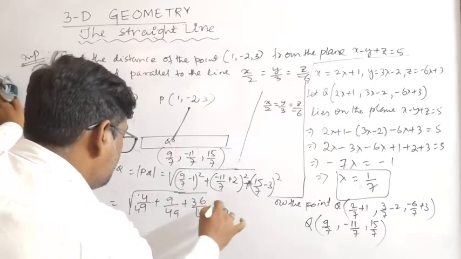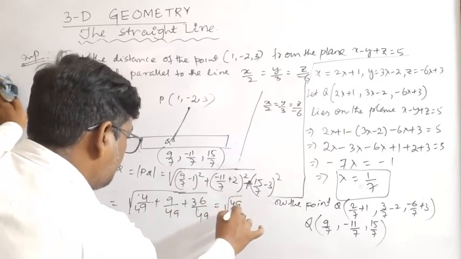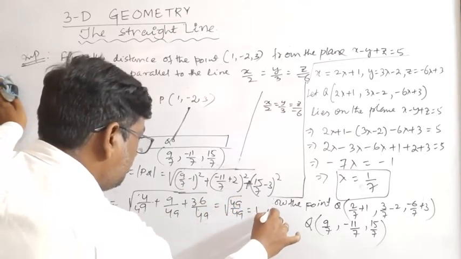So this is equal to root over 49 by 49, so the distance is equal to 1 unit.